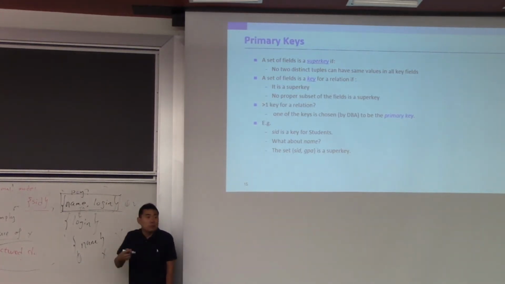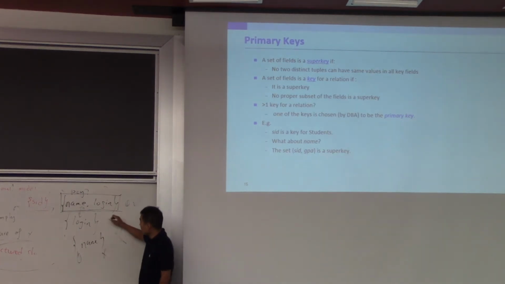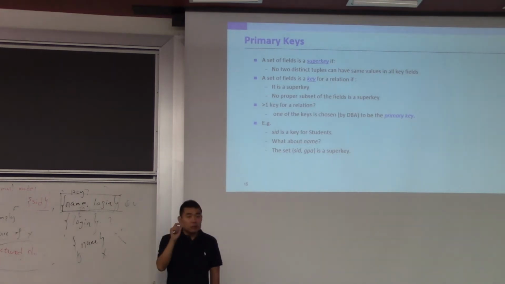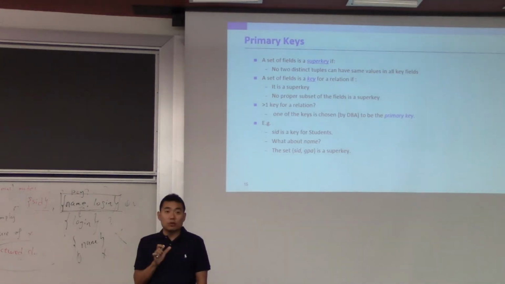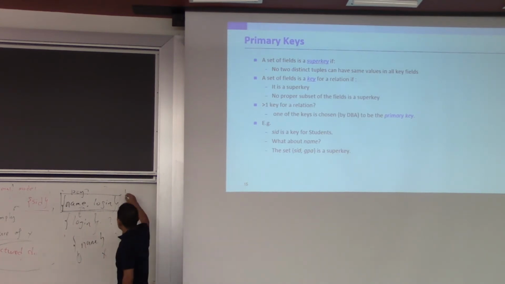The empty set obviously cannot be used to distinguish anything, so it's not a super key. However, login is a super key. So I found a proper subset that is a super key, which means this is not a key. This is not, because I do have a proper subset that is also a super key.